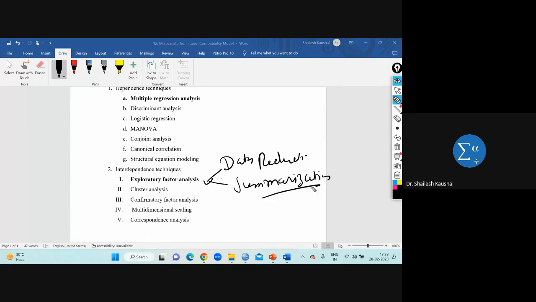We take a large number of questions, like 50 questions, and then apply EFA, and after EFA we obtain 20 relevant questions. Then we club questions of the same nature and make factors, like factor 1, factor 2, factor 3, factor 4. We club 4 or 5 questions. So here we create the factors, or a group, or a segment.